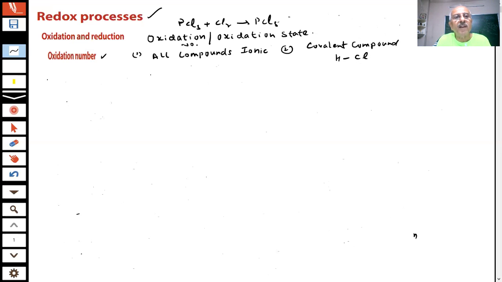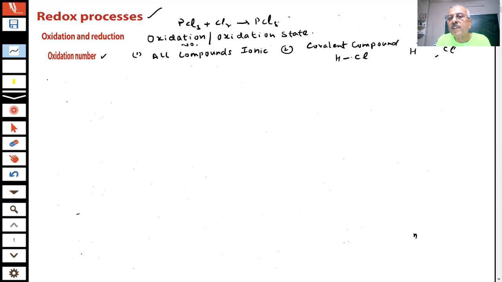It is a covalent compound, and now I will talk of oxidation number, where I will give you certain rules for finding it. In this case, I am saying that we will assume this is an ionic compound and the more electronegative element will take the electrons. Cl is more electronegative. Here, hydrogen is less electronegative. So I consider it ionic, and then I say the hydrogen is +1 and Cl is -1.